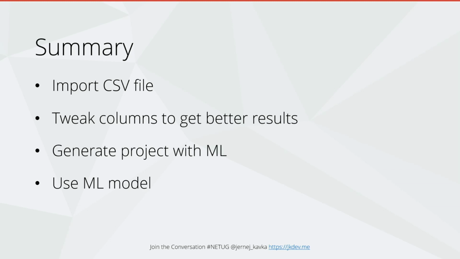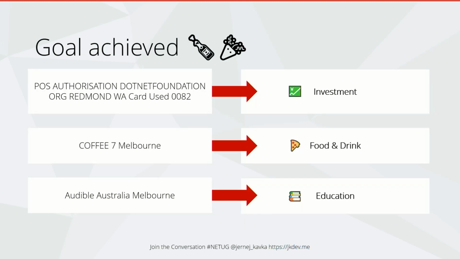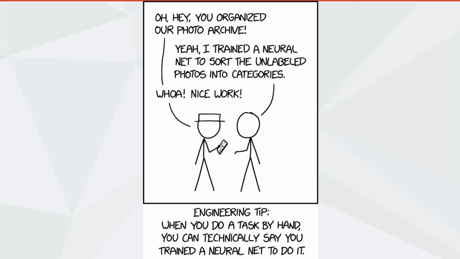We learned how to use a machine learning model. And I showed you some weird, quirky things that happen with the ML.NET Model Builder. And I achieved my goal. 3 weekends. At least those 15 minutes. This is a nice joke I found on XKCD.